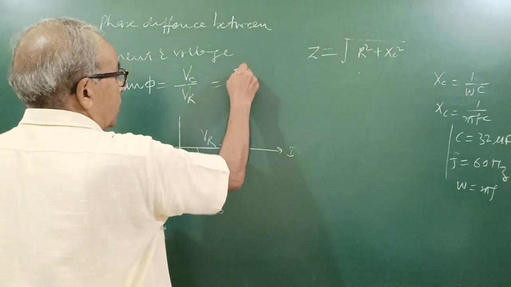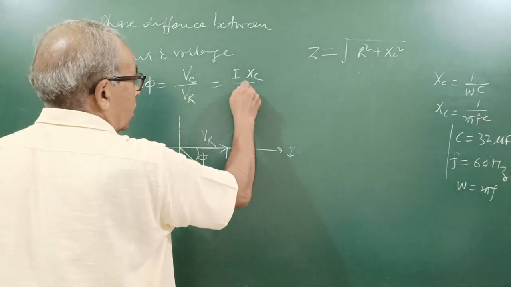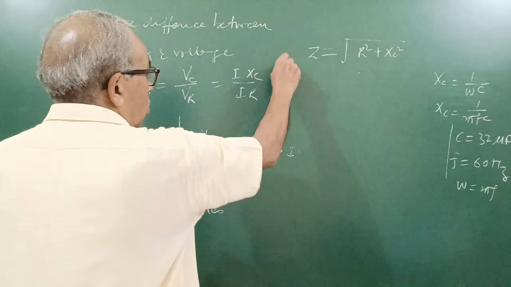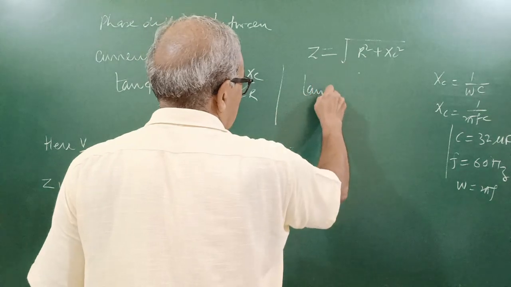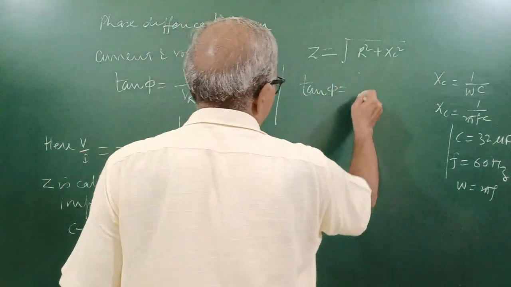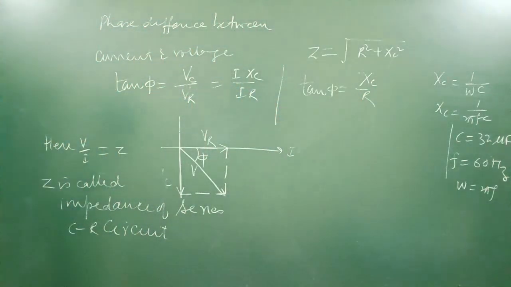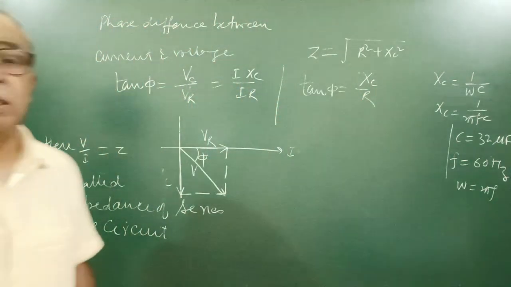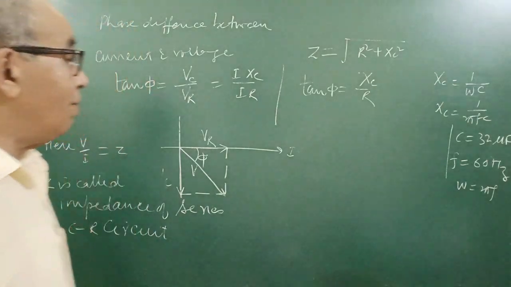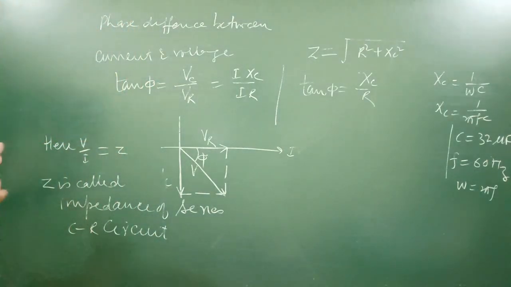It is I XC upon IR, or tan phi equal to XC upon R. So if we know the phase difference, we can find out the time lag also. So this was about the series CR circuit.